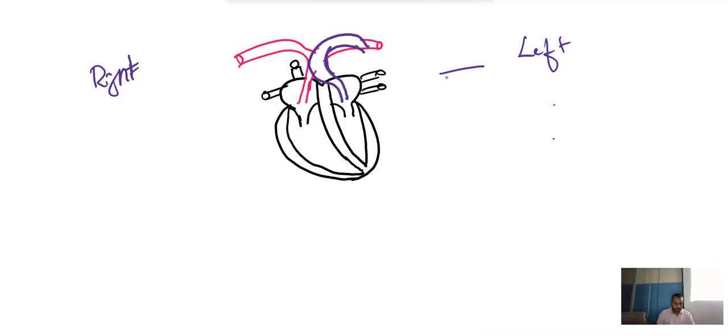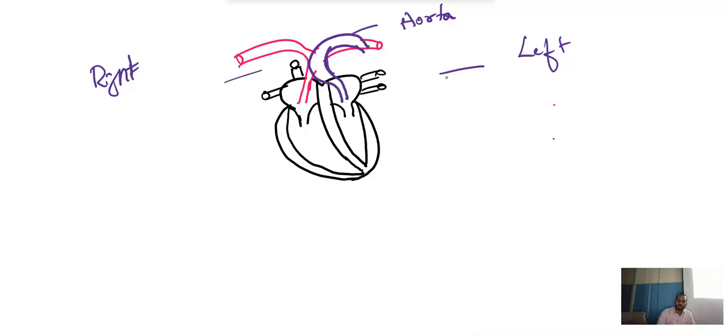Okay. Now, how to name this? Can you see this shape of S? Aorta. Understood? And here we have two things.